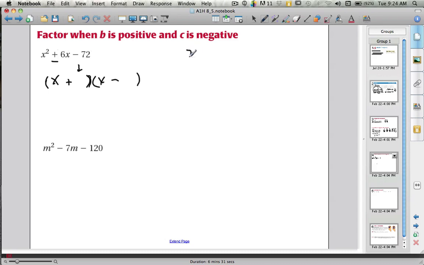So if you remember, if we go back to the ones we were doing, 72 and 1, 72 minus 1 is 71. I had 36 and 2, difference is 34. I had 24 and 3, the difference is 21. I have 12 and 6. Sorry, I skipped one.